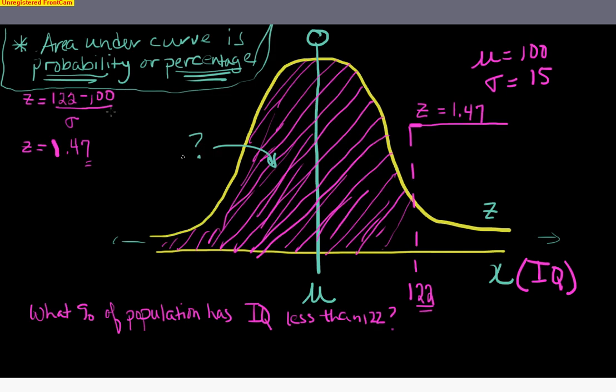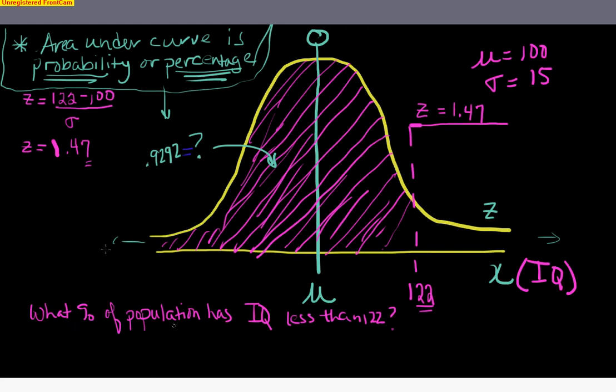This is equal to 0.9292. And that is, like I said, a percentage or a probability. In other words, what is the probability, if you randomly selected someone, that their IQ would be below 122? That probability would be 0.9292.